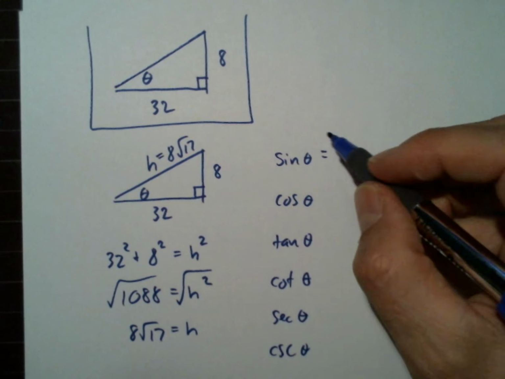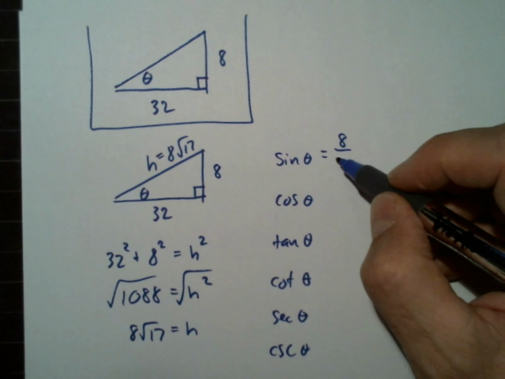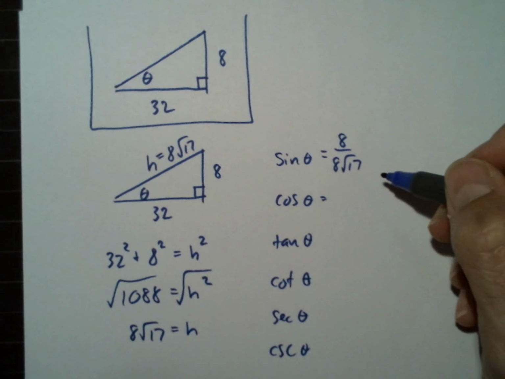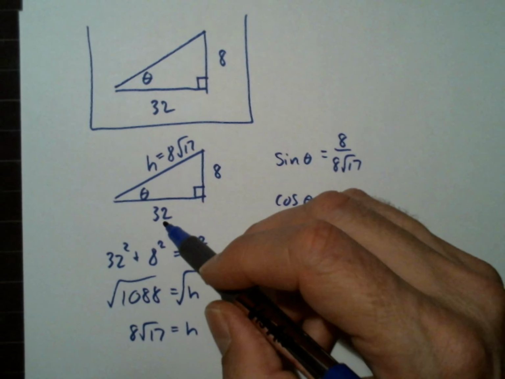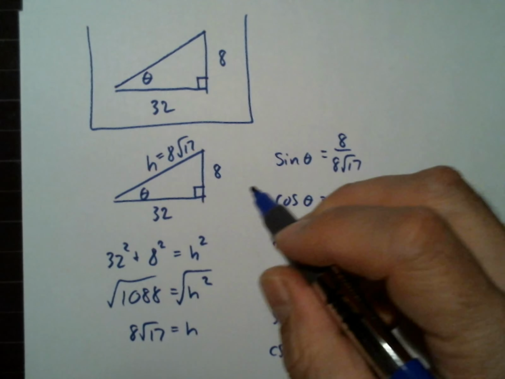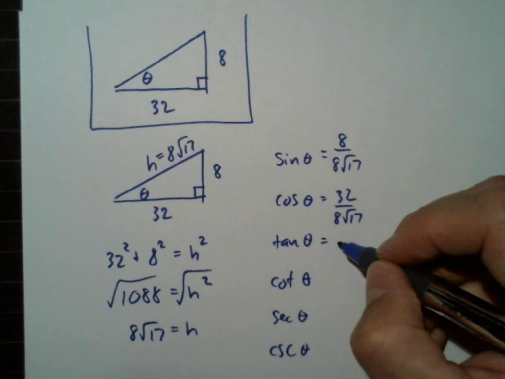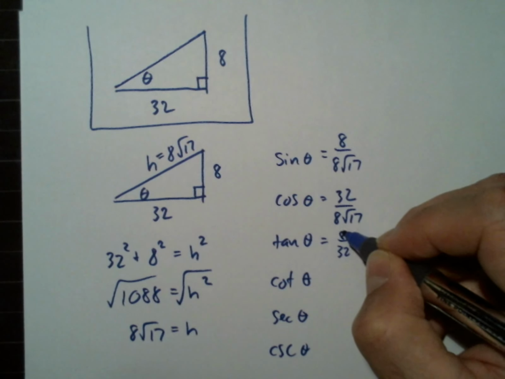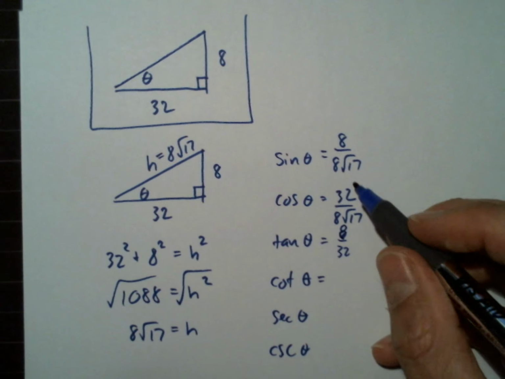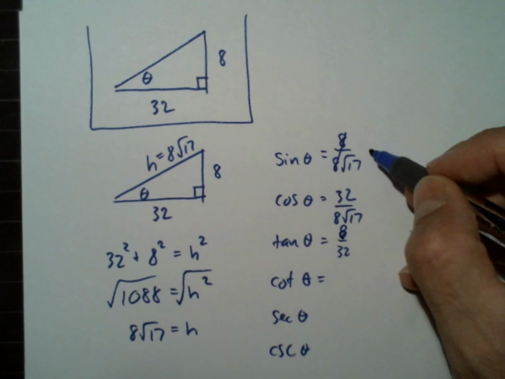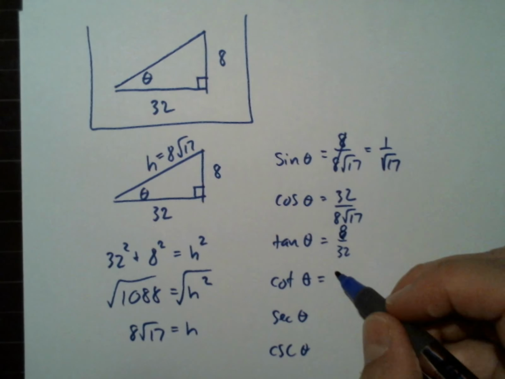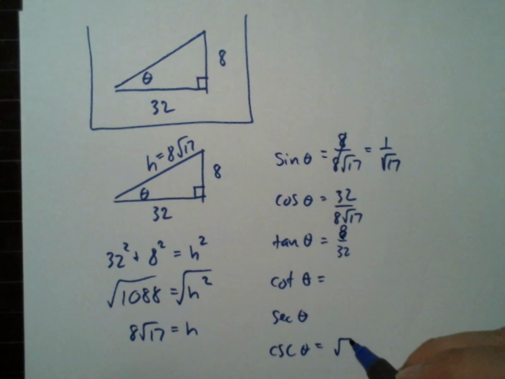Sine is opposite over hypotenuse. Cosine is adjacent over hypotenuse. Tangent, opposite over adjacent. And then we can do the reciprocal, so let's go ahead and do that. And then we'll do the reciprocal to get this one.